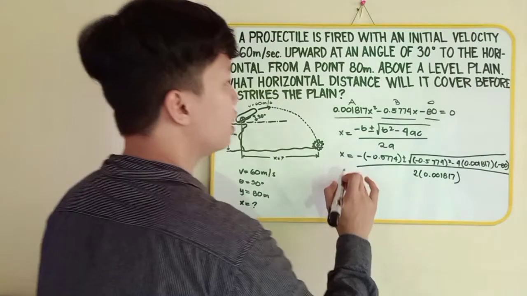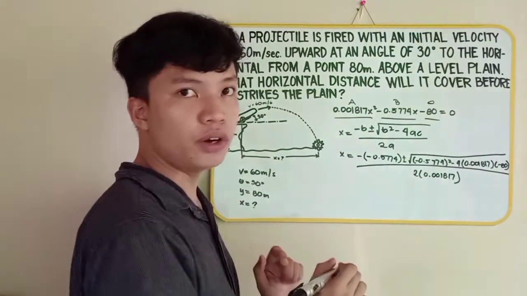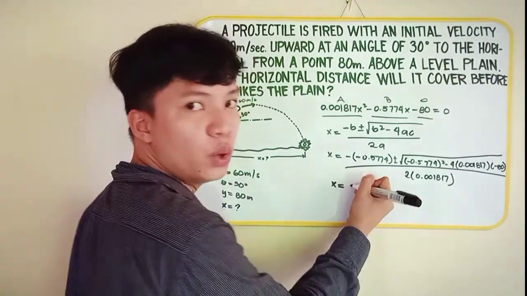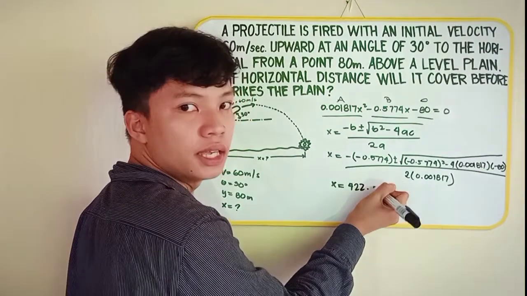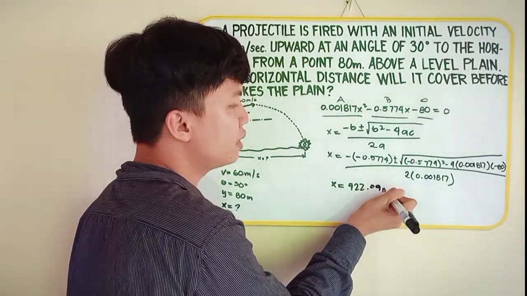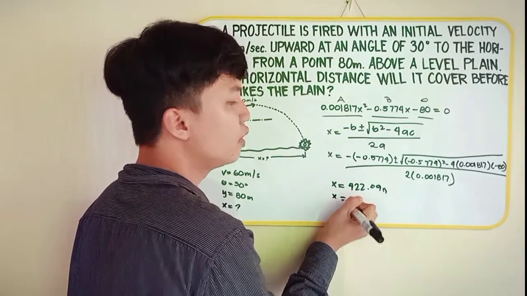This equation will give you the positive value of 422.909 meters and negative 104.31.